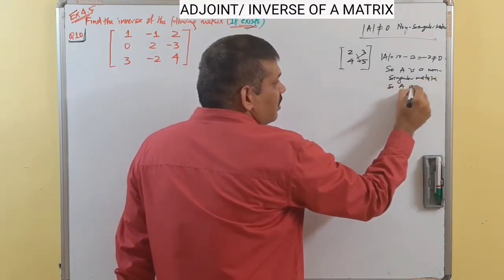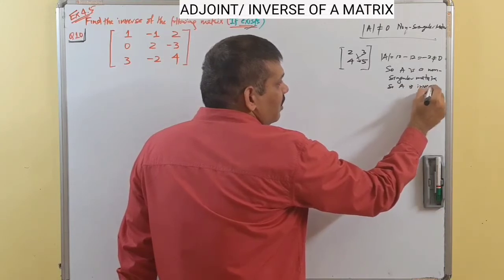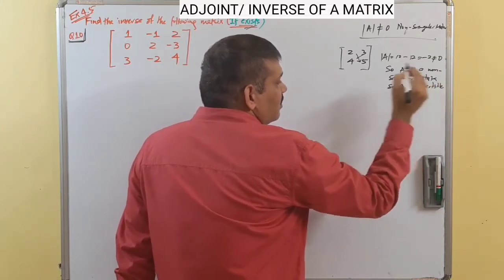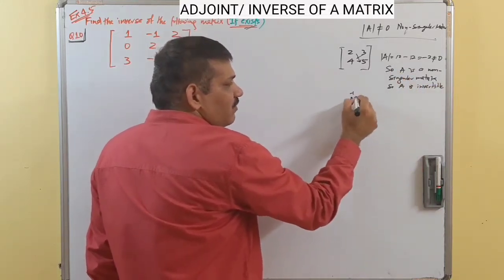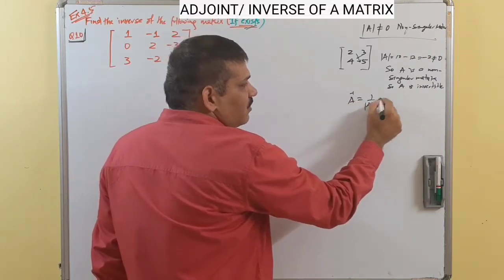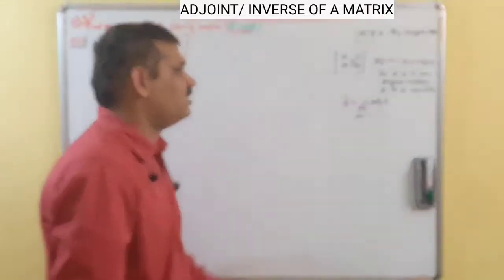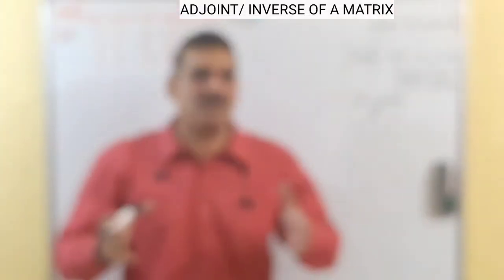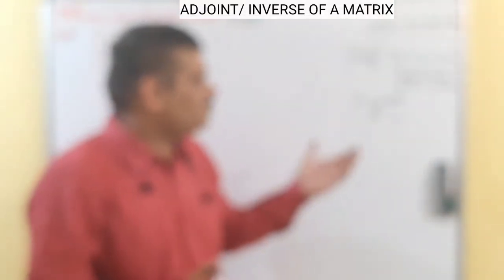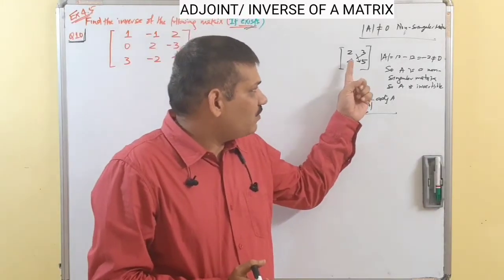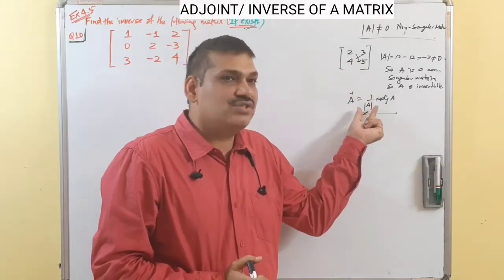So A is invertible, simply because A inverse is 1 upon determinant A times adjoint A. To divide by determinant of A, determinant A should be non-zero. So here we have a condition that the determinant should be non-zero.